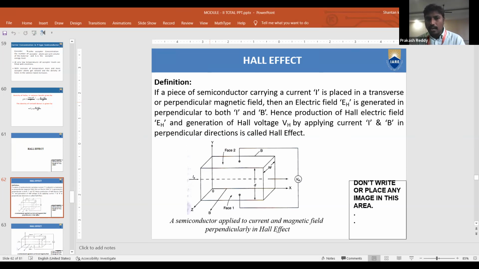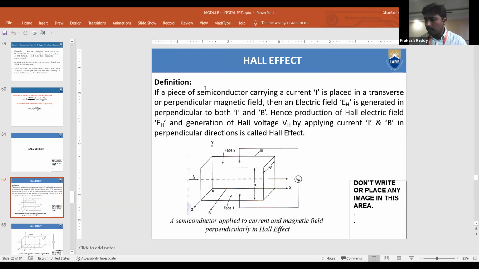That is called the Hall electric field. Due to that electric field, a voltage is developed across the material, which we call the Hall voltage. That voltage and electric field are both perpendicular to both the magnetic field and the flow of charge or current. So this is the definition.